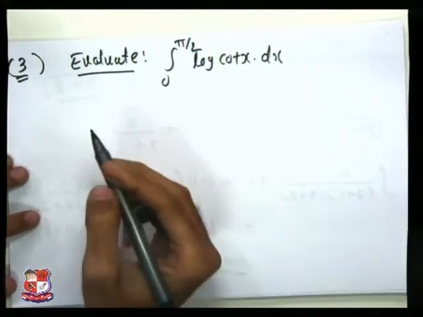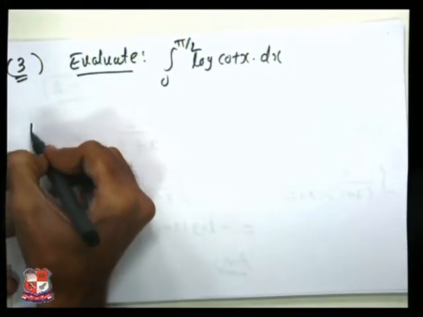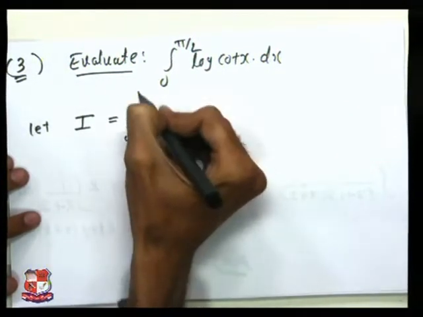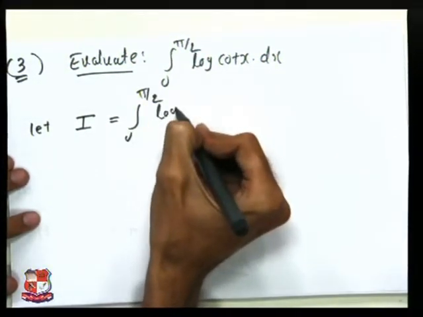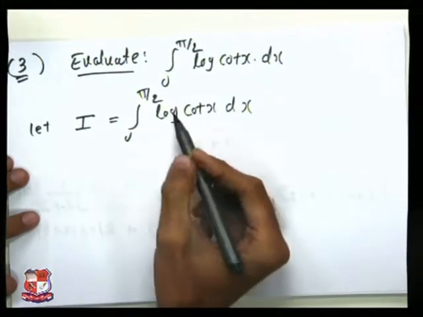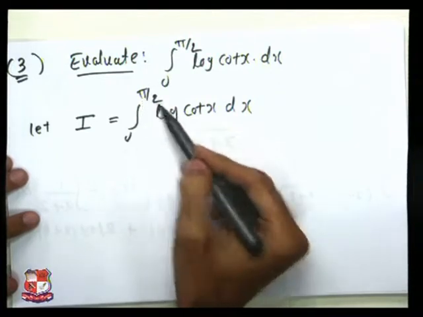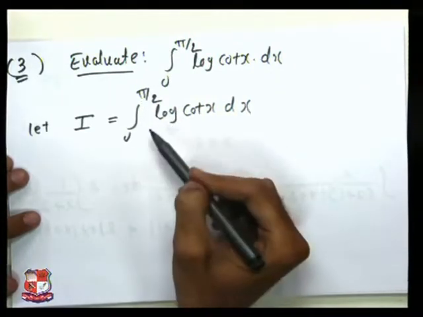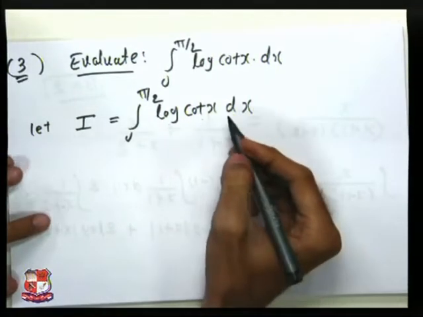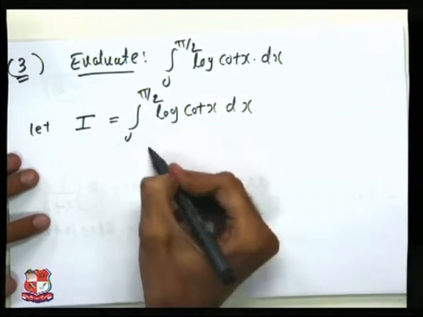Okay, so here let's say I is equal to integral 0 to pi by 2 of log cot x dx. Okay, so we know that integral 0 to a of f(x) dx is equal to integral 0 to a of f(a minus x) dx. I will write here the formula.